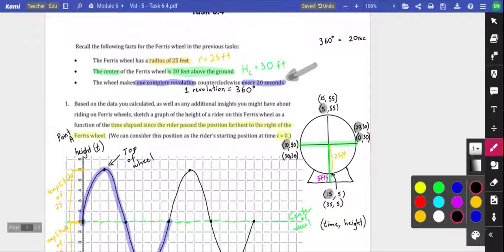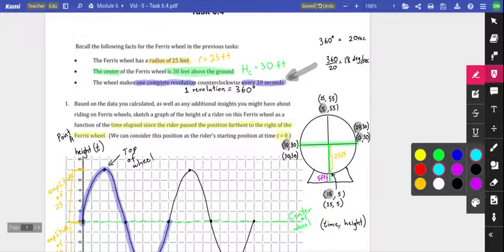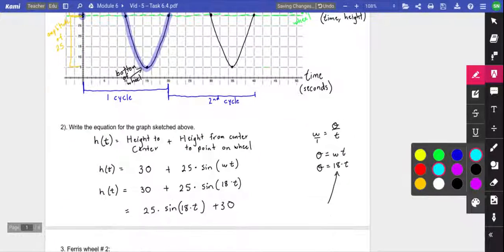If we want to know how much is covered in 1 second, then we do 360 divided by 20, and that would give us 18 degrees per second. That's the 18 that we had instead of W, which is the angular speed.